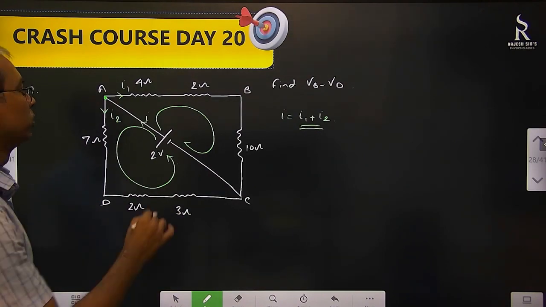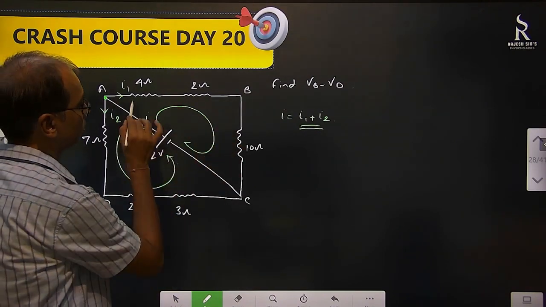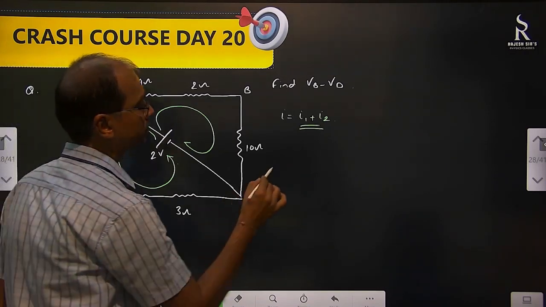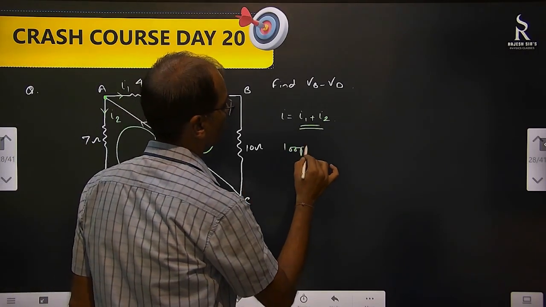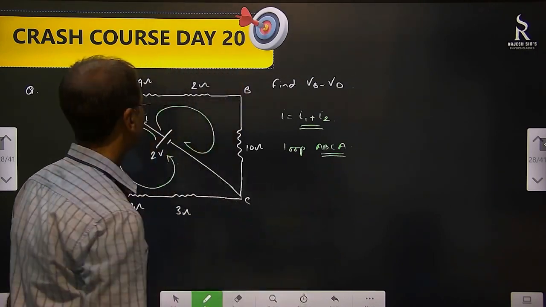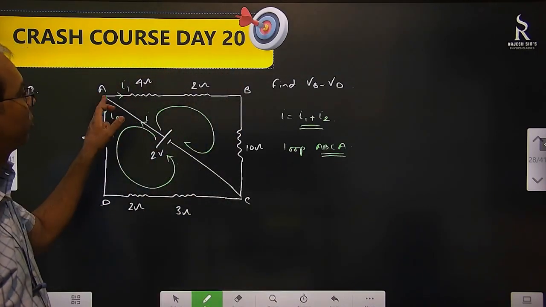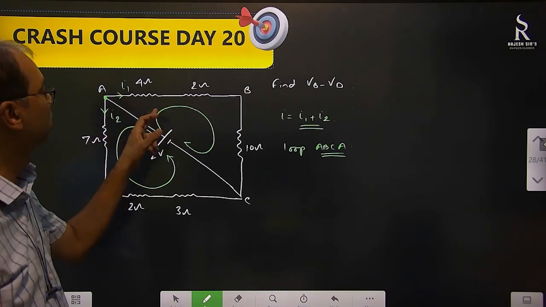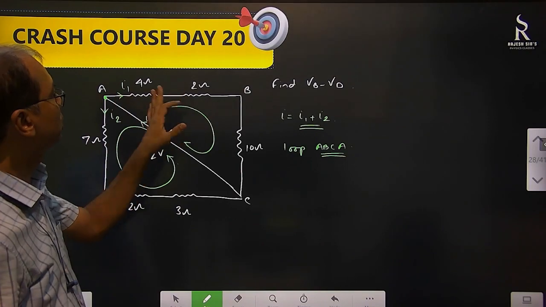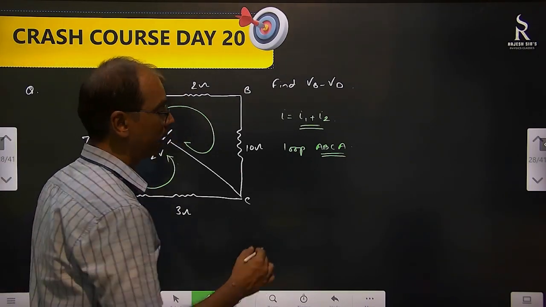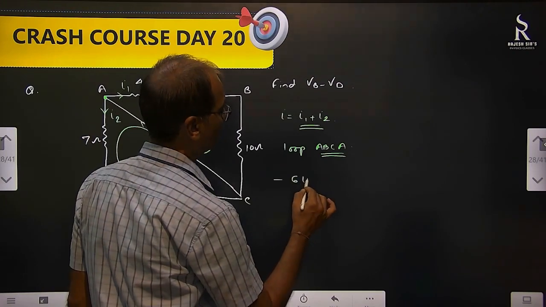Let's move in this closed loop now: loop A, B, C, A. Let's start from A. You are going in the direction of current, which you have taken like this. 4 and 2 are in series, so the total is 6. Going in the direction of current, you write minus 6 I1.